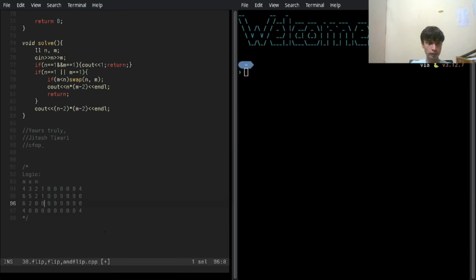It's basic combinatorics. Not even basic combinatorics. It's just logic. So at the end it would look like this, and it would look like this.